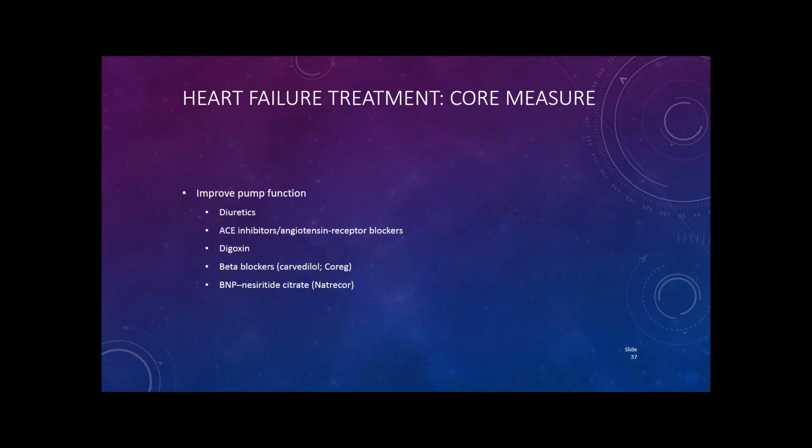And then, of course, we have the BNP medication called Natrecor, or nesiritide, which is administered IV continuously, and it will help the patient diurese without diuretic therapy, which can cause problems for some patients. And so the natriuretic medication helps to do that diuresis without electrolyte imbalances being of such a great effect.